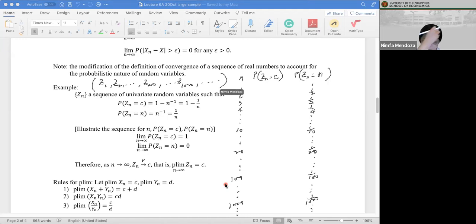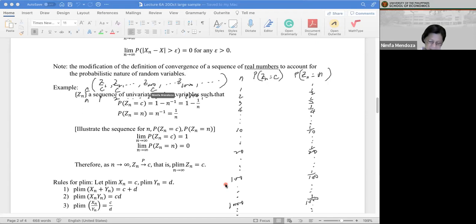But the random variable can either be C or n.